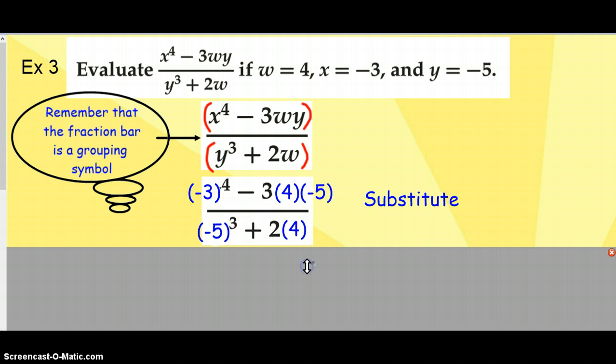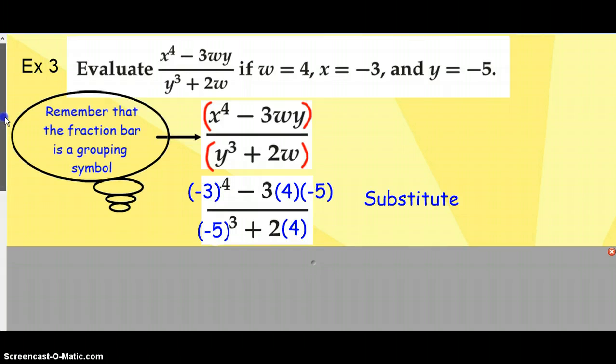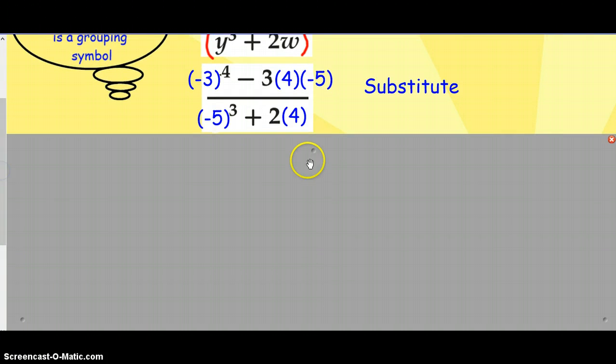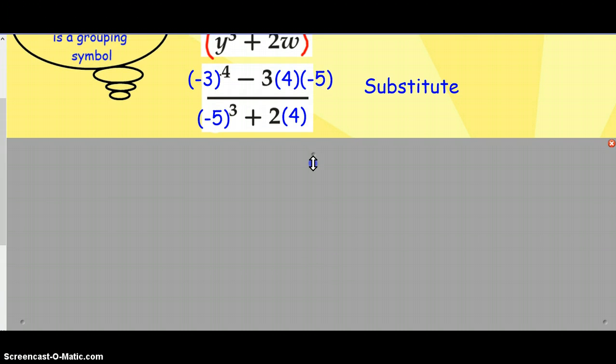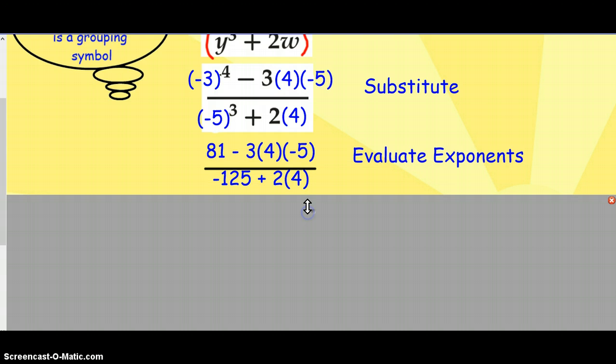First, we substitute in all of the values, 4 for W, -3 for X, and -5 for Y. Then, since all of the parentheses inside are already simplified, we skip to exponents. So -3 to the 4th power is +81, and -5 to the 3rd power is -125.